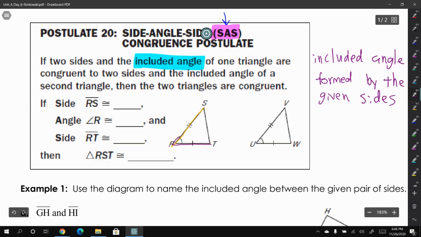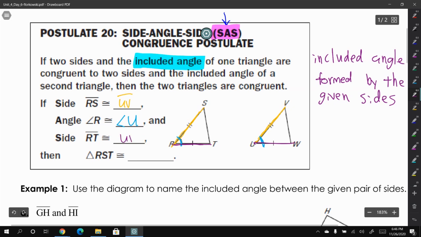RS would be congruent to UV because those have the same number of tick marks on the side. And angle R right here is congruent to angle U. And side RT is congruent to side UW.